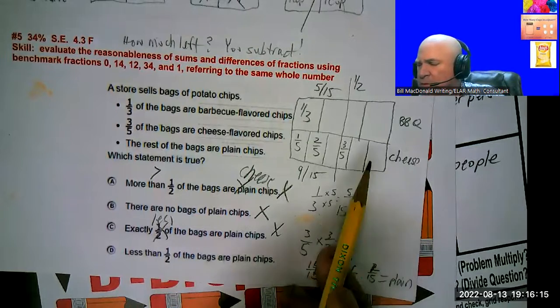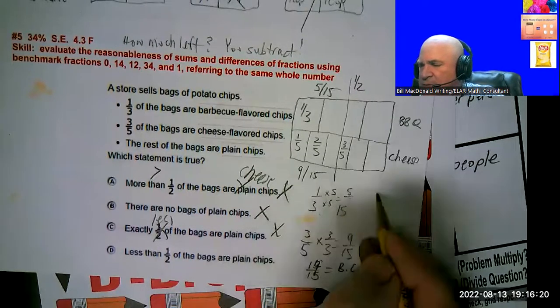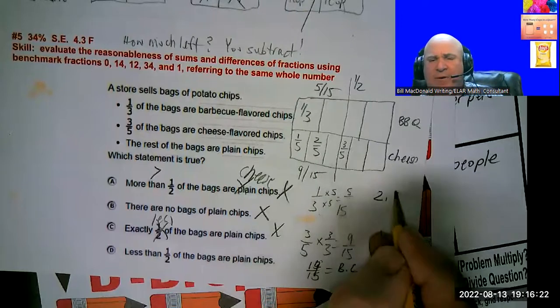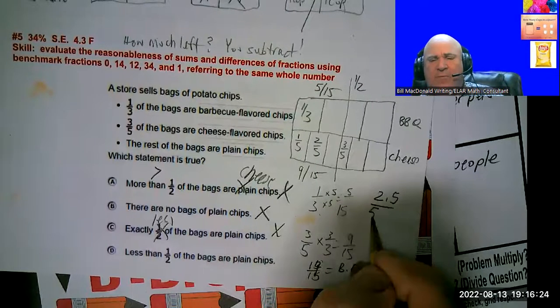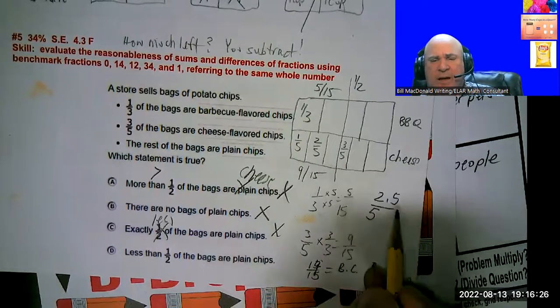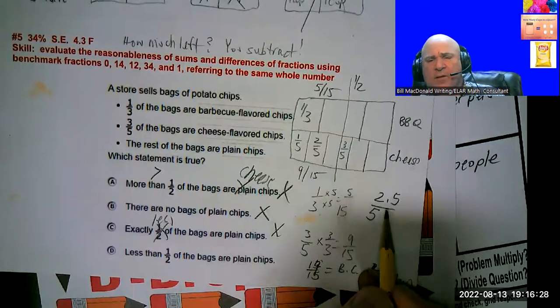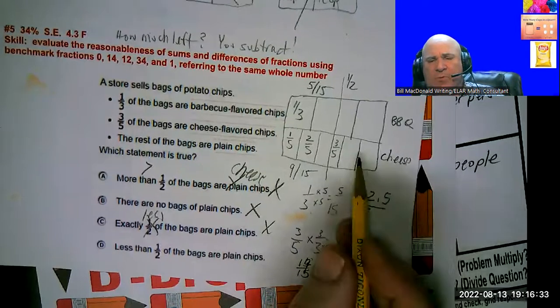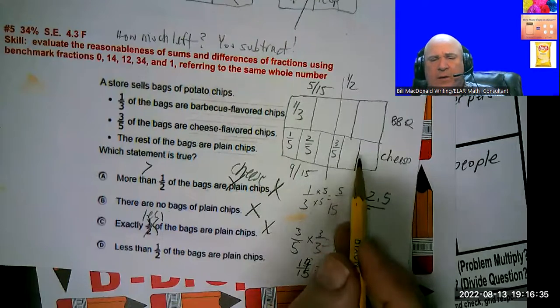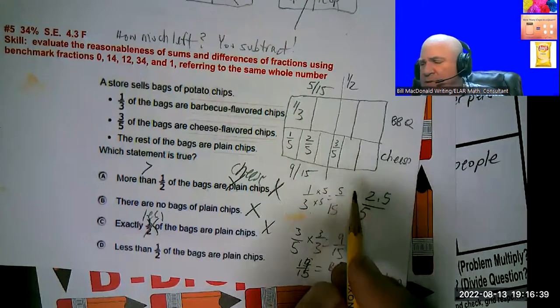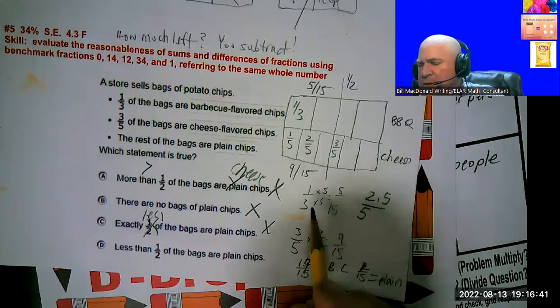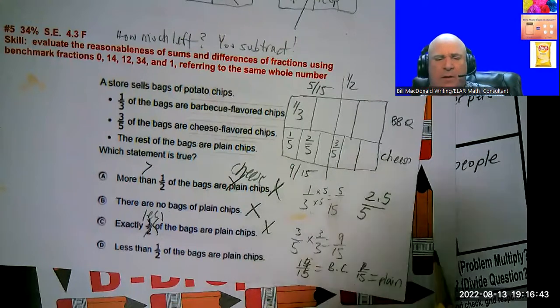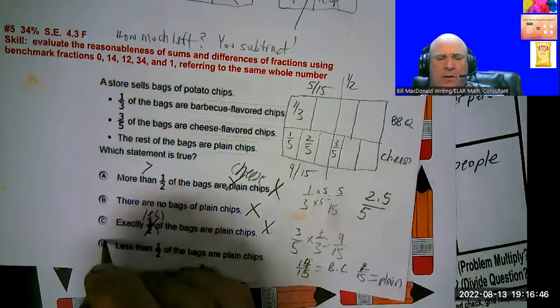So if you think of the number 5, 2.5 out of 5 is half, because 2.5 is half of 5. And since there's only 2/5 left after we take out the cheese bags, then we can see that that is true, that less than half of the bags are plain. So the answer is going to be D.